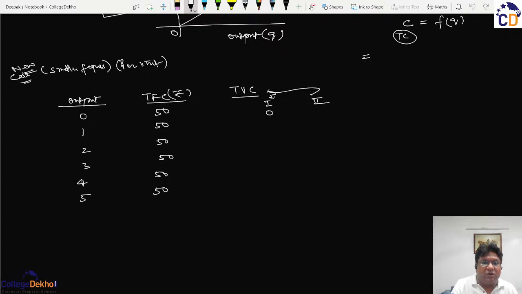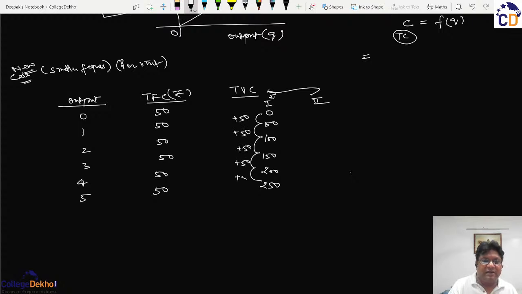If the total variable cost at one output is 50, then at 2 it will be 100, at 3 it will be 150, at 4 it will be 200, and at 5 it will be 250. Sorry, there is an increase of 50 in every unit, so I wrongly mentioned it. Then you will notice that each increase in the output has caused an enhancement of rupees 50.